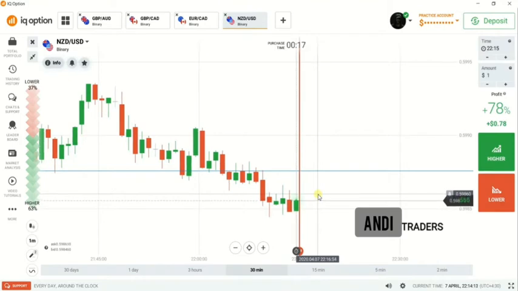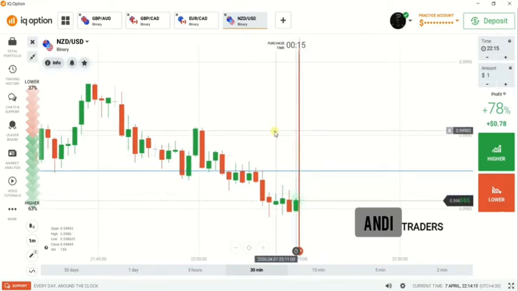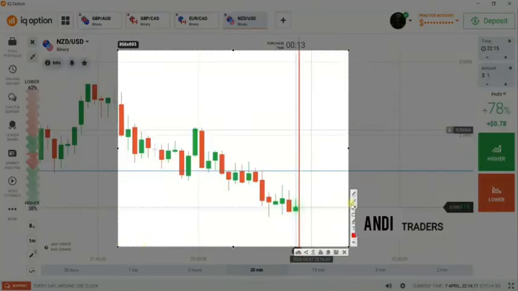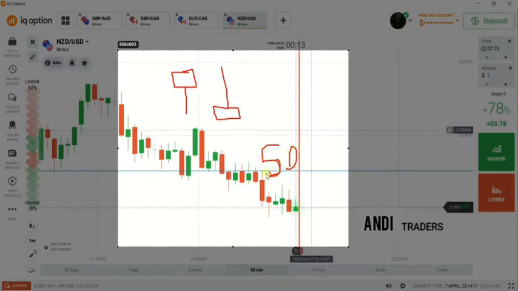Yes, only with hammer and shooting star, nothing else, only with these 2 points he made $50. He made $50 in 2 days, I think. He sent me a message.